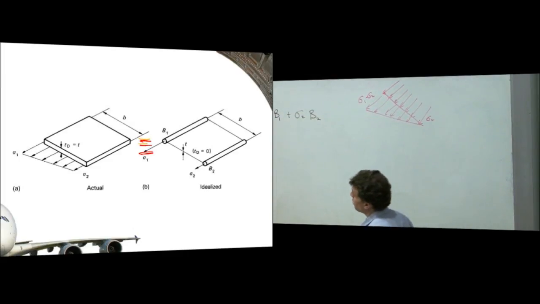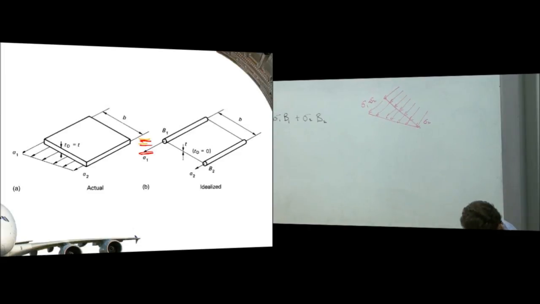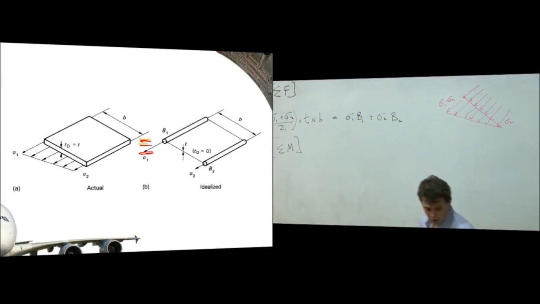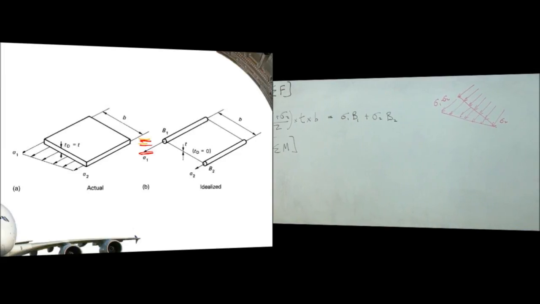And we're going to take moments about, where are we going to take moments about just to make sure the calculation here is right? We'll take moments about B2, okay, about the second boom, which is here or here.